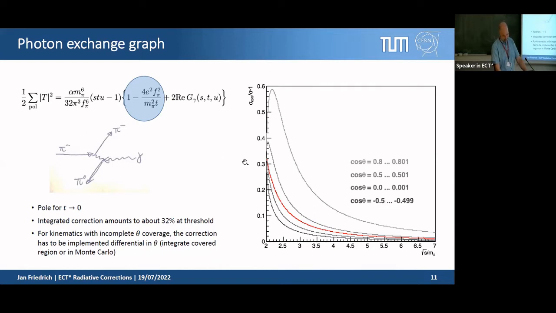divergence. Can I call it divergence? Well, it gets larger and larger if you go to forward angles with your pion, then the correction is really big, and only because of the phase space, which closes then. So the most dominant part comes from 90-degree scattering.